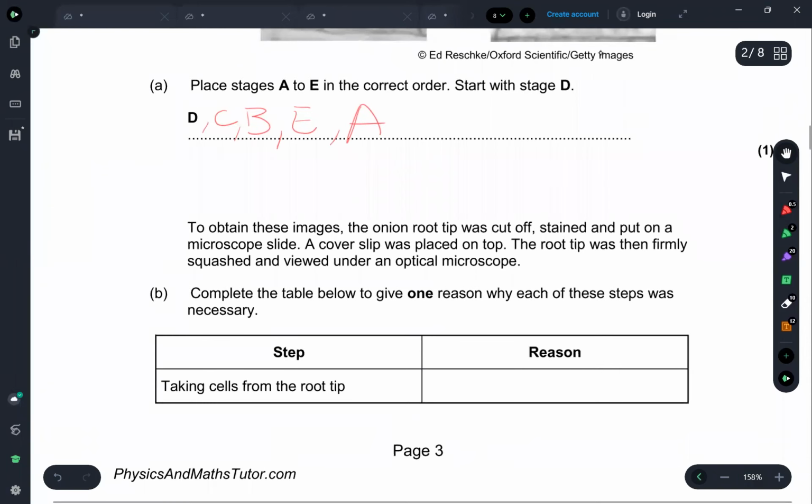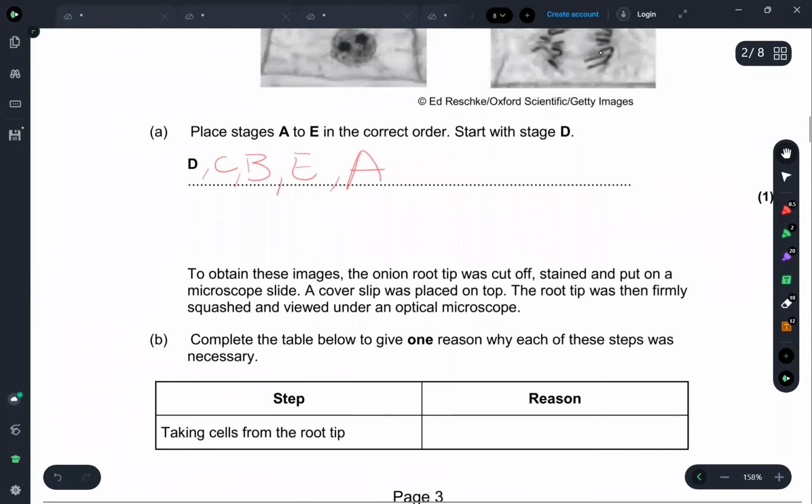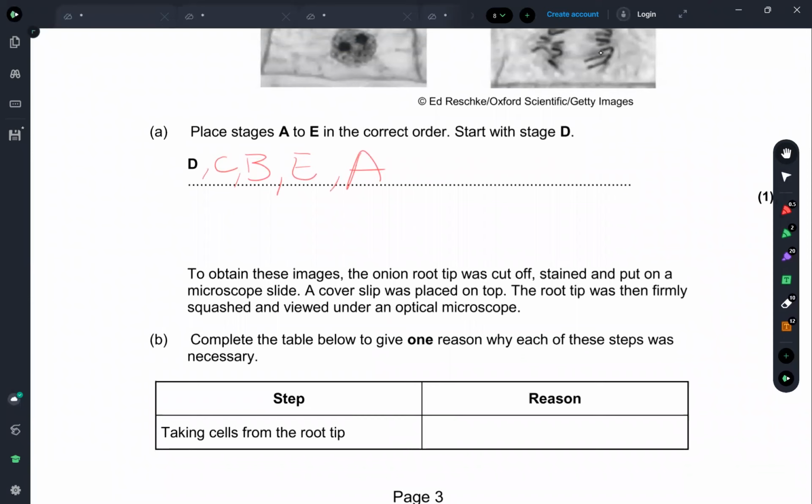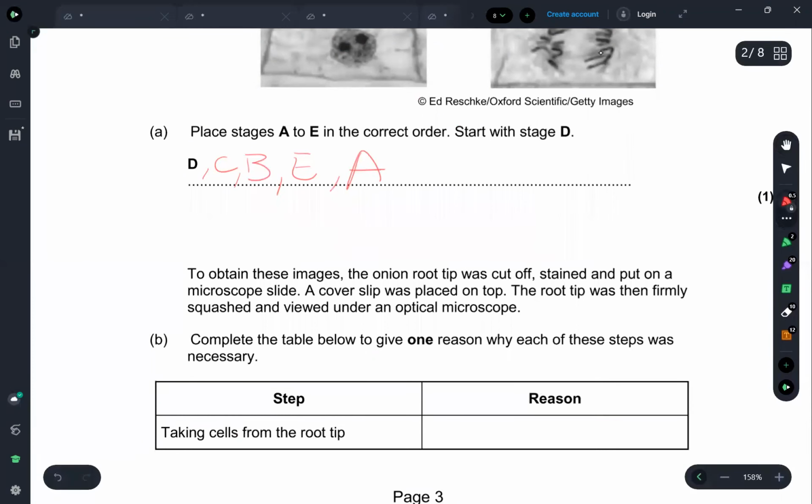So to obtain these images, the onion root tip was cut off, stained, and put on a microscope slide. A cover slip was placed on top. The root tip was then firmly squashed and viewed under an optical microscope. Complete the table below to give one reason why each of these steps was necessary.